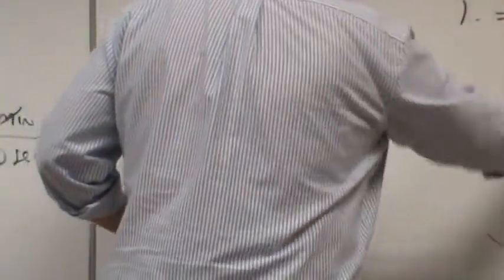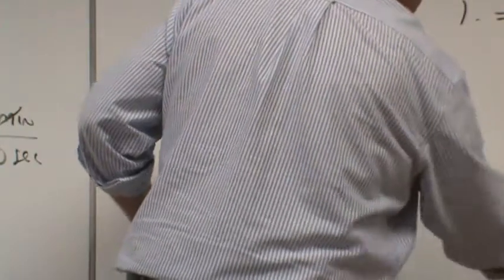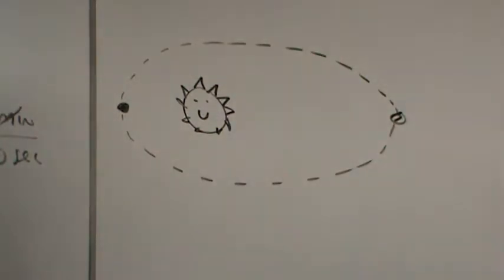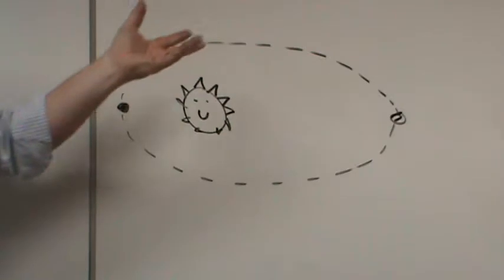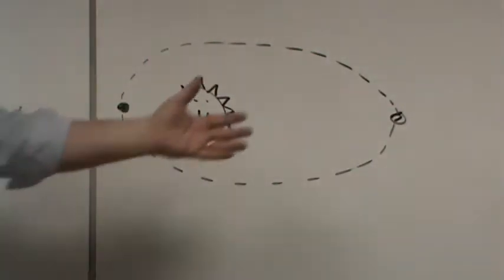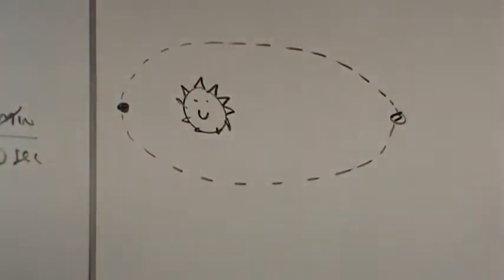Is this a conservation of momentum situation here? Are there any external torques acting on the sun-planet system? No, unless God is somehow pushing the planet or stopping it or something. No, there's no external torques. So this is a conservation of angular momentum situation.